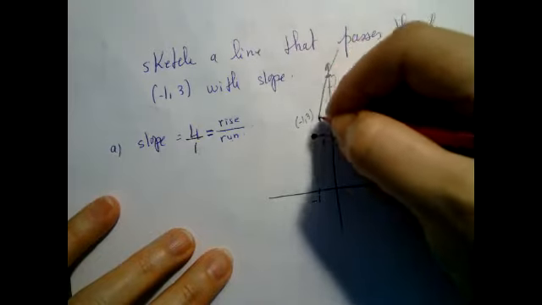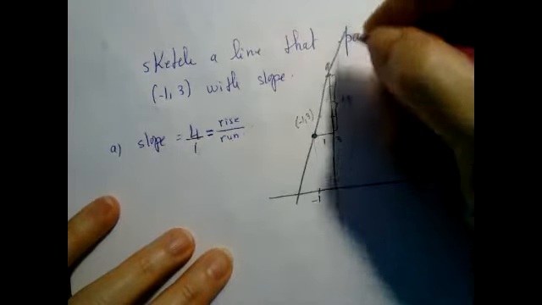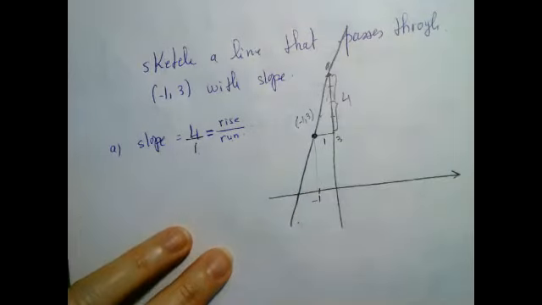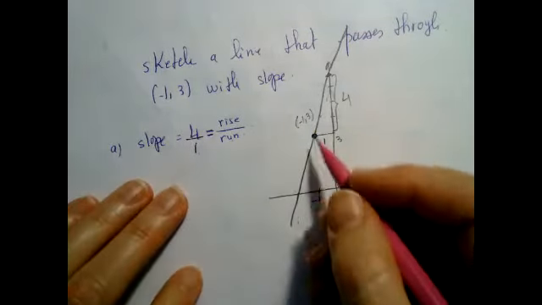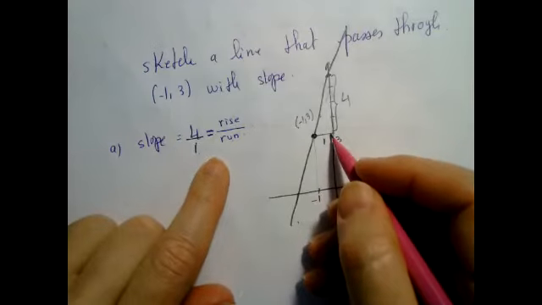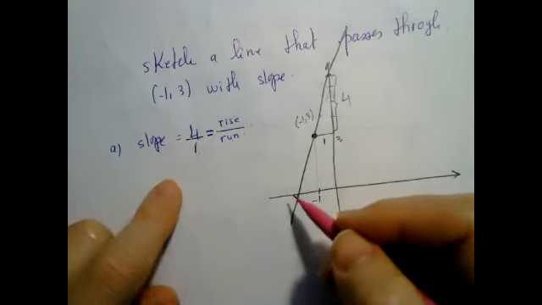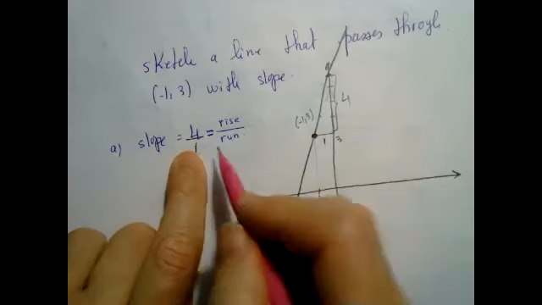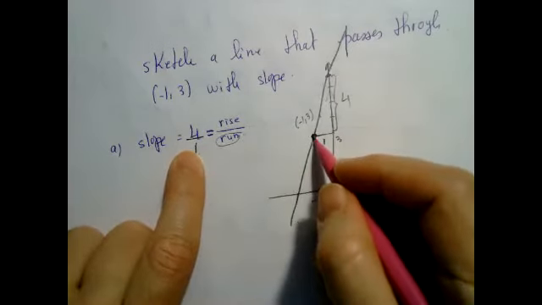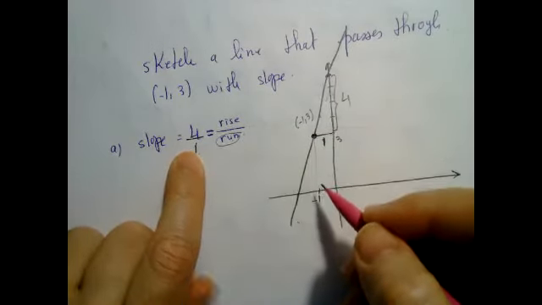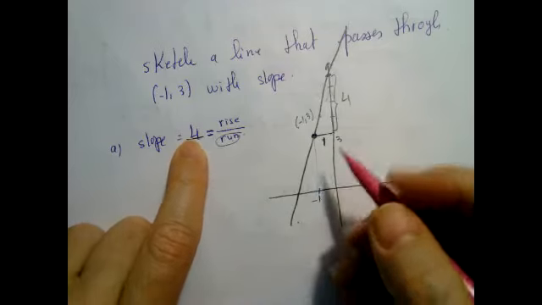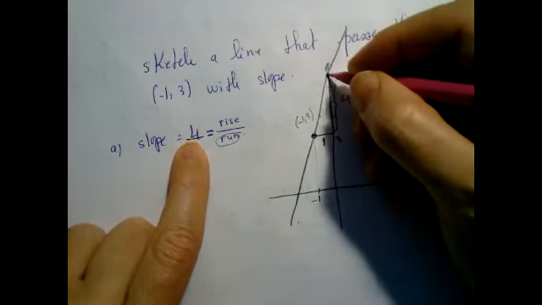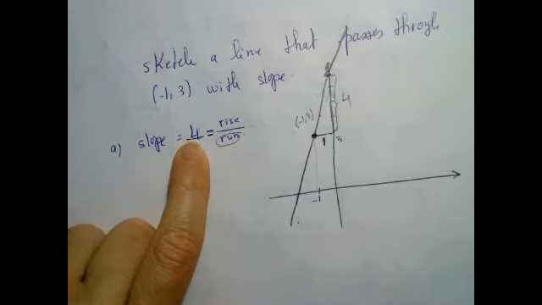And that would be my line. So if I have a point and I'm given the slope, the way you sketch the line is, you start at this point, go by 1 unit, that's my run, then go up 4 on the y-axis, and that will be the line.